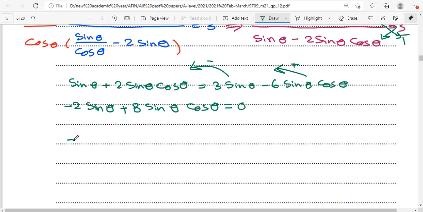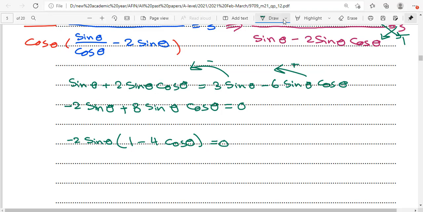Then negative 2 sine theta is common. What's remaining here is 1 minus 4 cosine theta equals 0. Because the sine is outside, we took it as a common term, and negative 2 is also out, then we divide the 8 by negative 2, it will be negative 4.